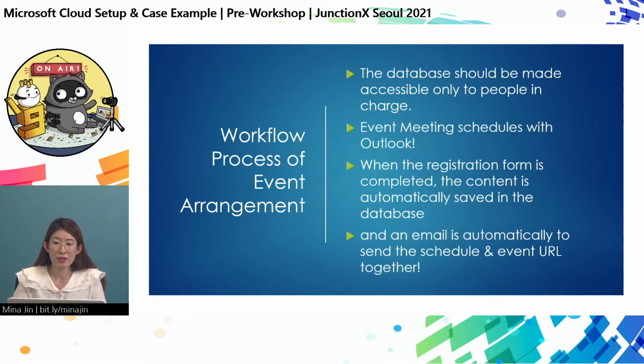The database should be made accessible only to people in charge. The event meeting schedule should be created as an ICS file with Outlook. When the application form is completed, the content is automatically saved in the database, and an email is automatically sent to the creator of the registration form to send the schedule and event URL together.